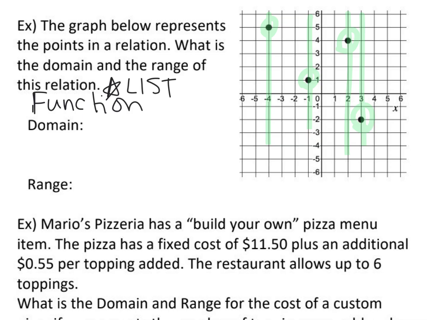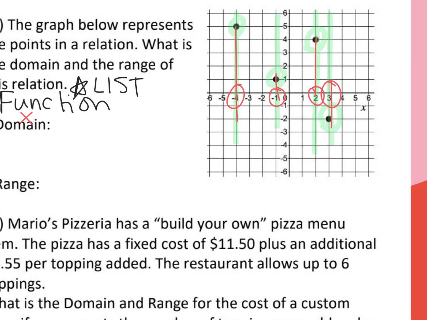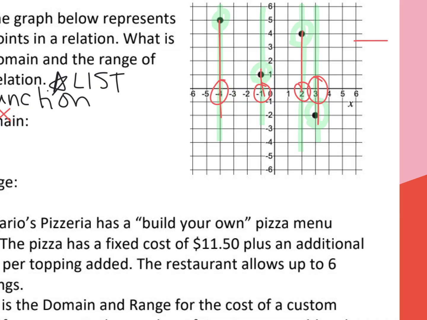Now, when we talk about our domain, we're talking about which values? X. Now, you can do this a couple of ways. You can look at our vertical lines that we just did and go through these X numbers. Or you could also make a table of values. We could say our coordinate is at -4, 5. We're at -1, 1.